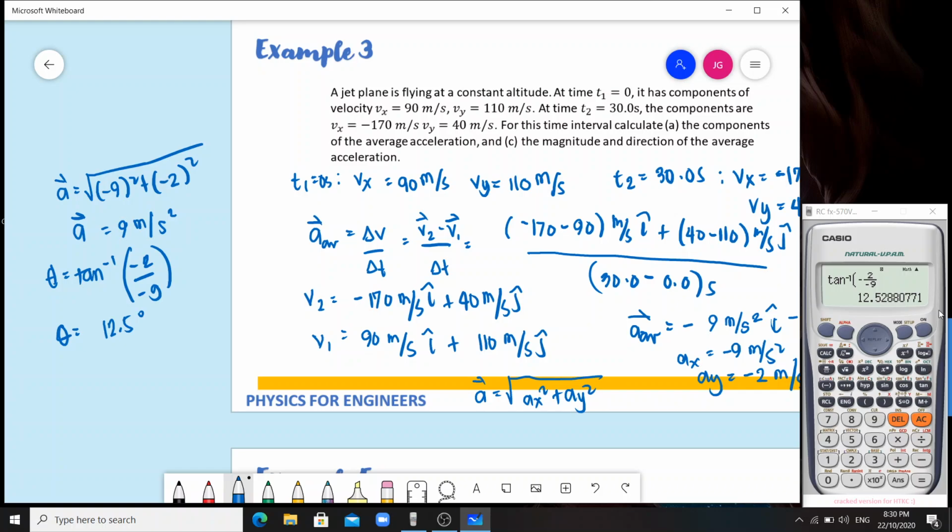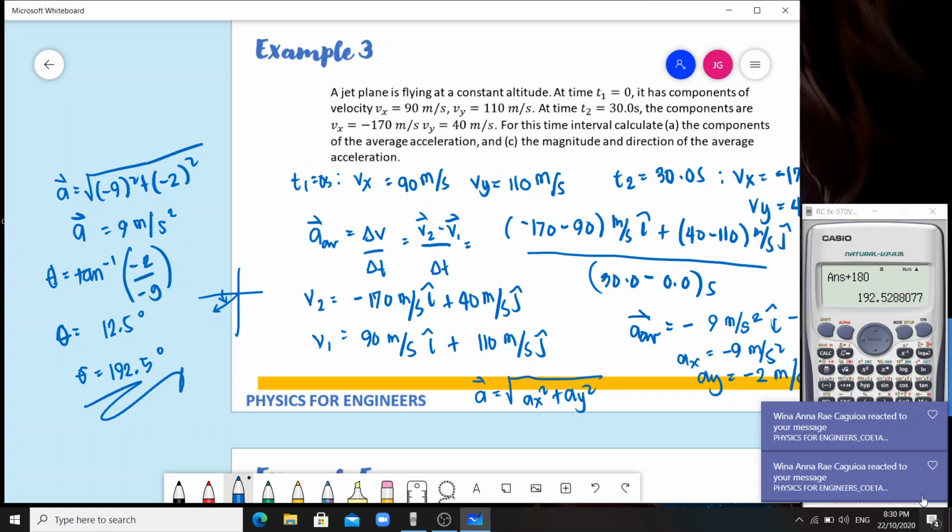Or if we are going to plot that, negative negative nandito siya, so 12.5 plus 180, so we have 192.5 degrees.